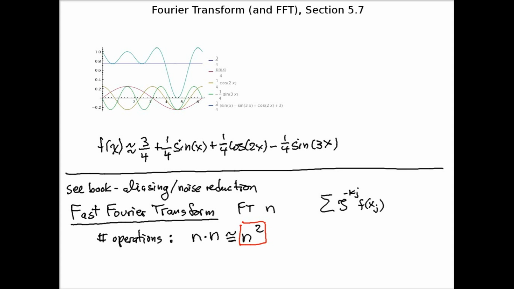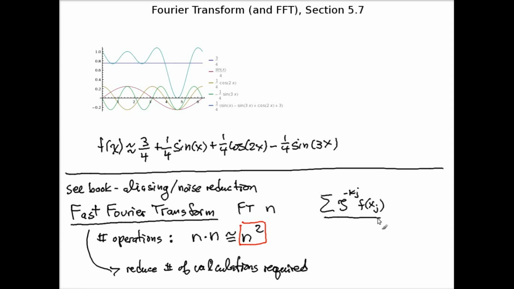And the idea of the fast Fourier transform is to reduce the number of calculations required. At first glance, it seems almost impossible to do this. You have to calculate all of these things, and every one of them is some operation.